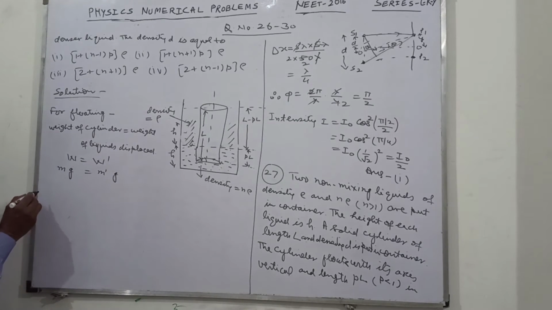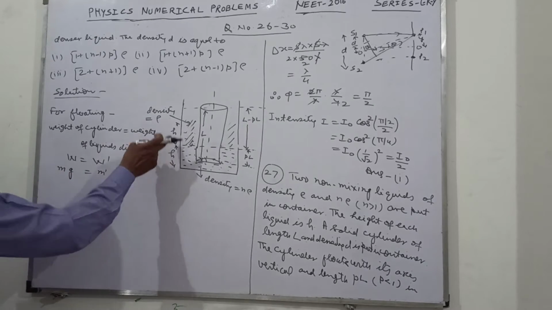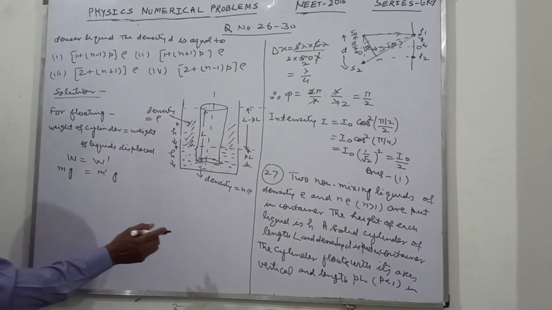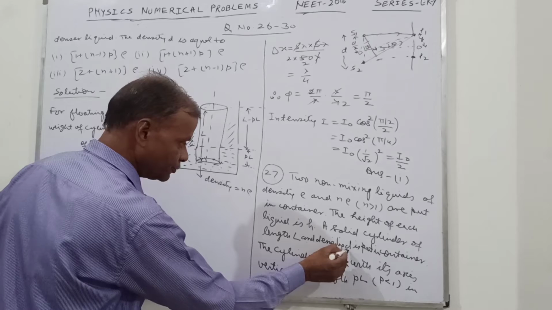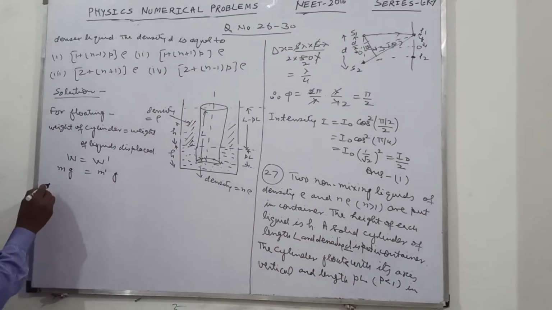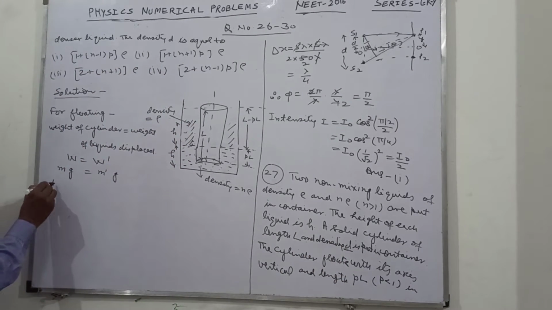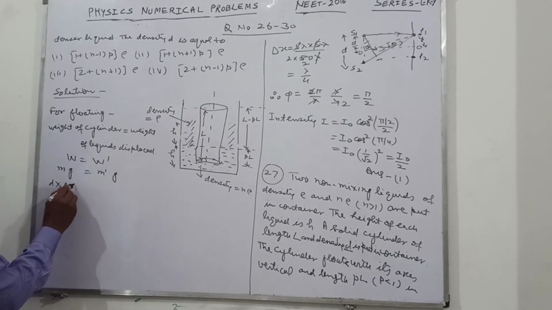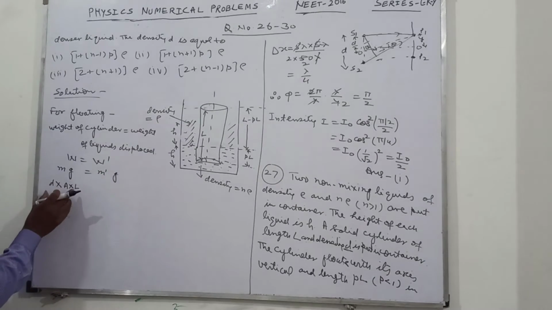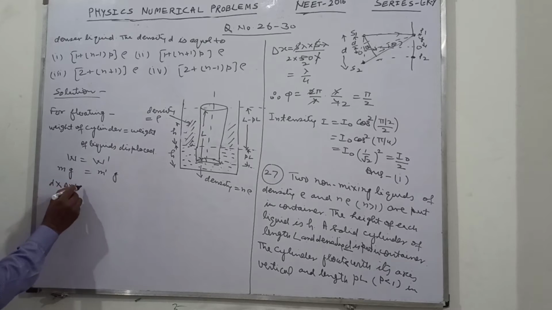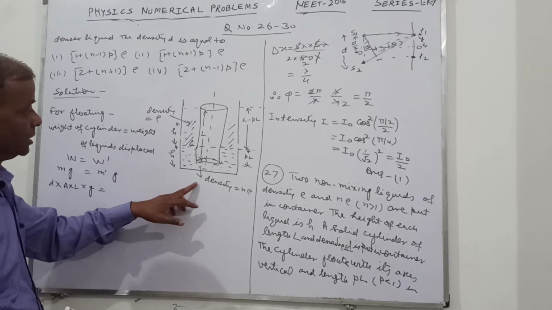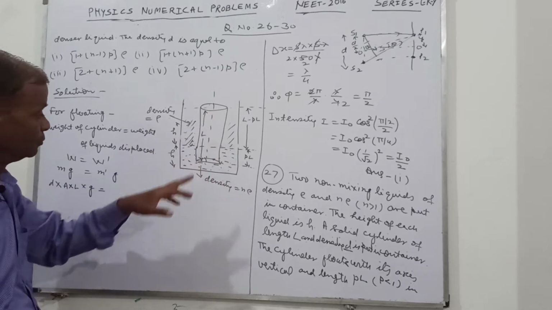The density of this solid cylinder is given to you, D. So D into A into the length L, this is now volume and density, into g equal to m dash, the mass of both the liquids.